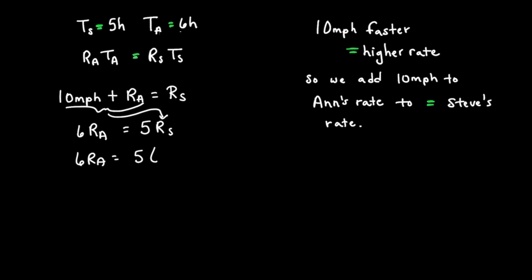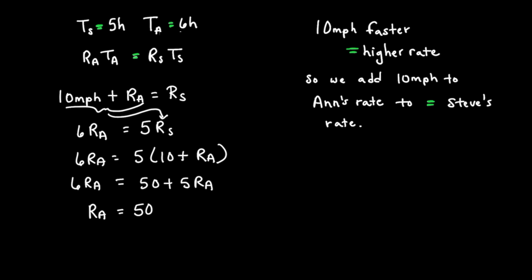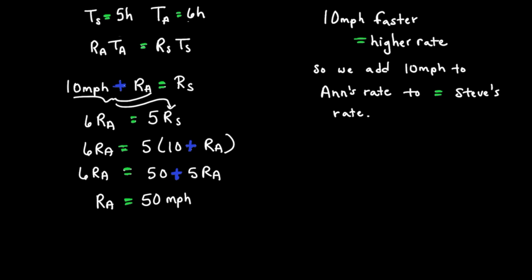So we have 6 R_A equals 5 times (10 plus R_A). Then we distribute our 5 to get 50 plus 5 R_A. And we bring our 6 R_A down from above. We subtract 5 R_A from both sides to give R_A equals 50 miles per hour.